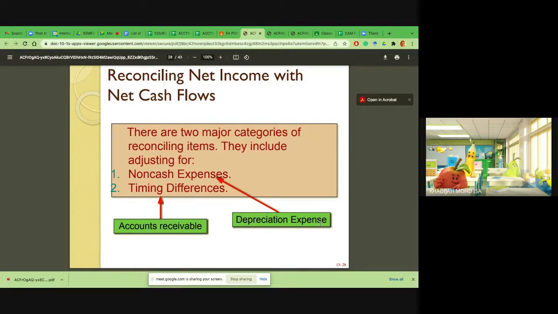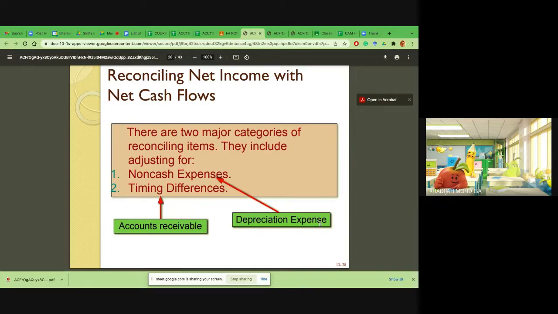So these are the three things that you have to look into when you do an indirect method. The non-cash expenses are your depreciation and any loss on the disposal. Maybe later we will find other types of non-cash expenses as well, but the most common are depreciation and loss on disposal. And then you also have non-cash income, which is the gain on your disposal. Then you also have to take into account the timing differences.